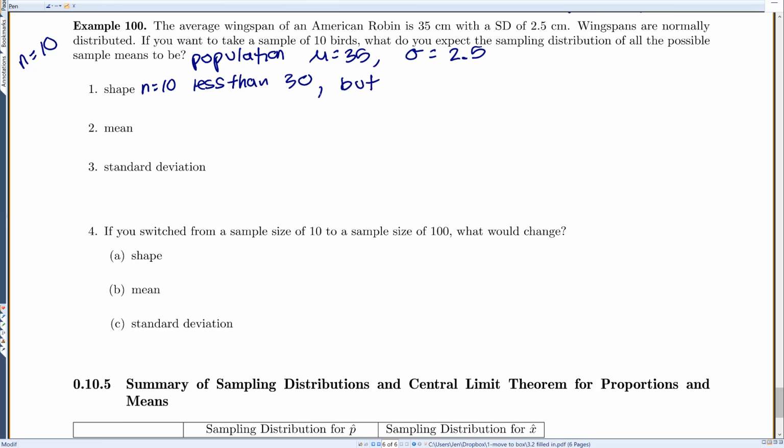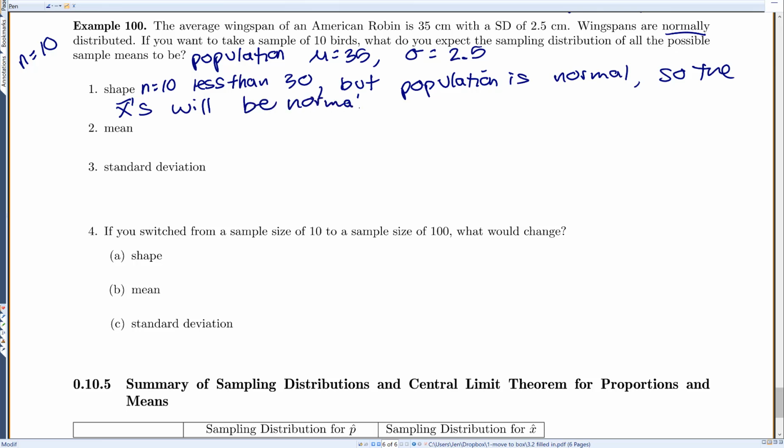But, so we wouldn't be guaranteed to be normal, but notice up here it says wingspans are normally distributed, so the population is normal. So the x bars will be normal. So even though my sample size is small, because my population is normal, my possible sample means will also be normal.